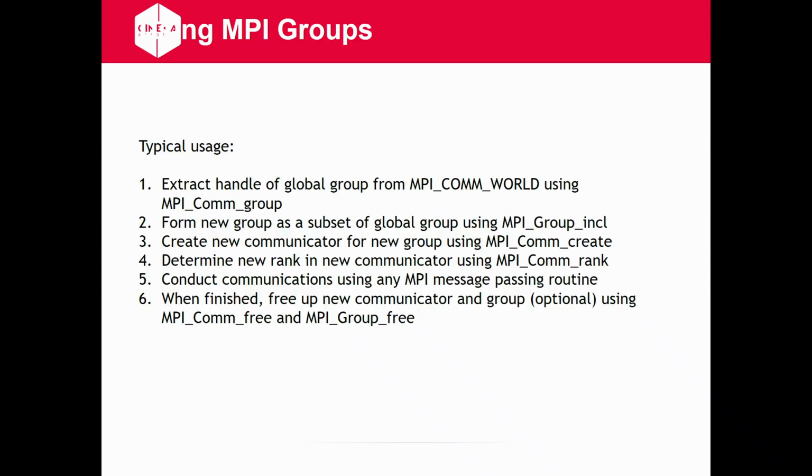When you create the new group, you can also create a new communicator, and then if you desire, you can also create some other sub-communicator using as a root communicator the communicator that you created in the previous step. So you can create a nested set of communicators if you want.